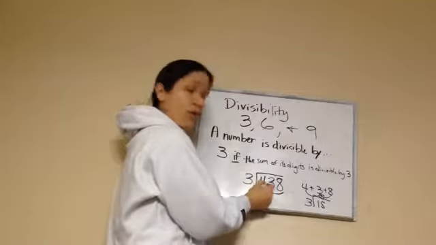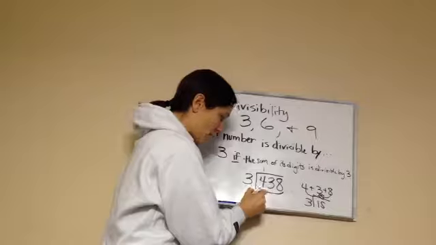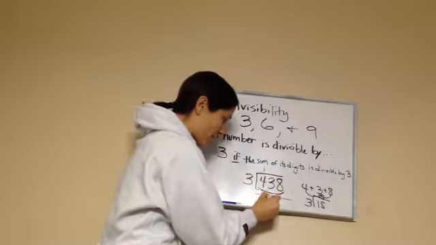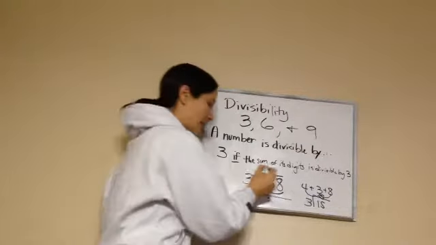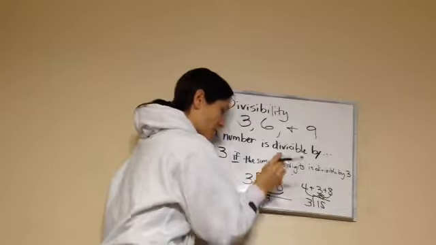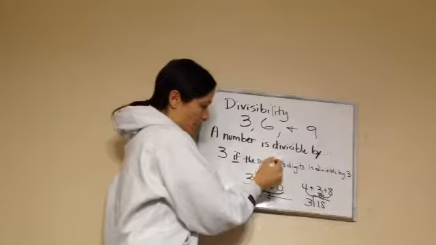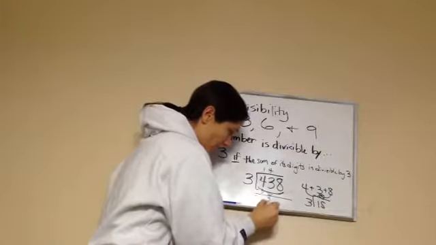3 will go into 4 one time. 1 times 3 is 3. I'm going to try to write small. 4 take away 3 is 1. Bring down the 3. 3 will go into 13 4 times. 4 times 3 is 12. 1.